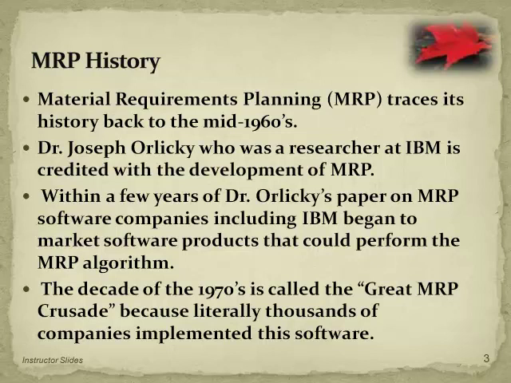This became so successful that the decade of the 1970s is generally referred to as the Great MRP Crusade. It's called that because literally thousands of companies in the United States as well as around the world implemented the MRP software from IBM as well as other software companies to take advantage of this new algorithm and this new capability.